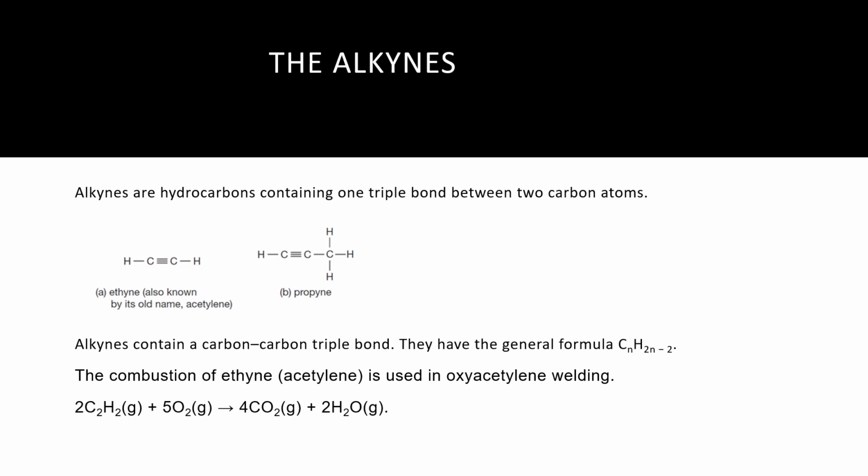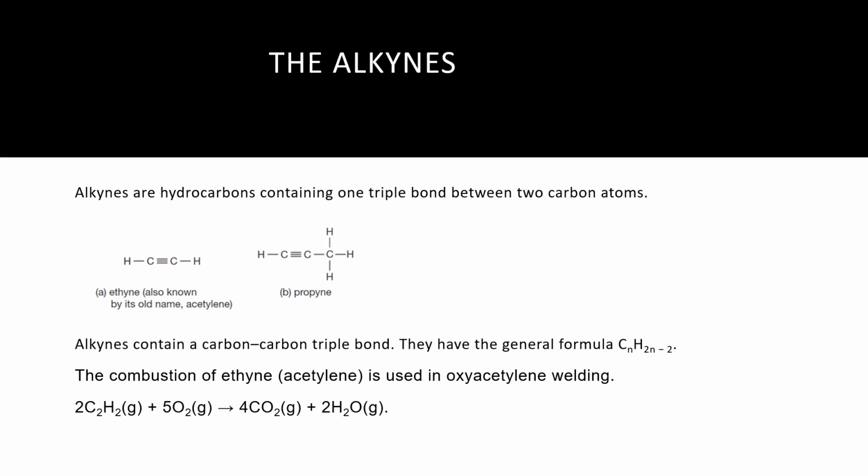Now we're talking about the alkynes. Alkynes are hydrocarbons containing one triple bond between two carbon atoms. This is ethyne, also known as acetylene. This is propyne. They have triple bonds. Alkynes contain a carbon-carbon triple bond.